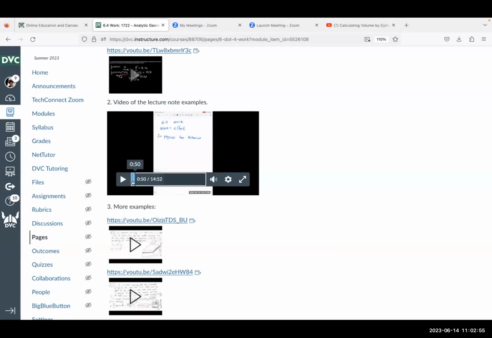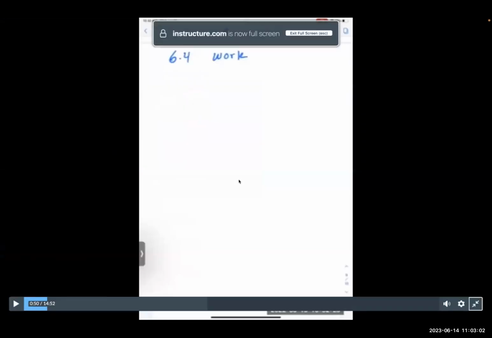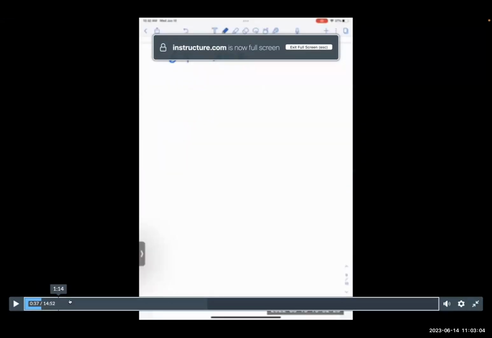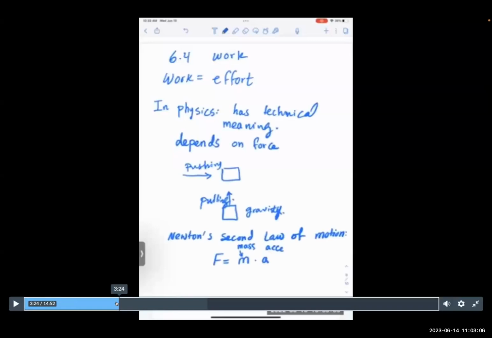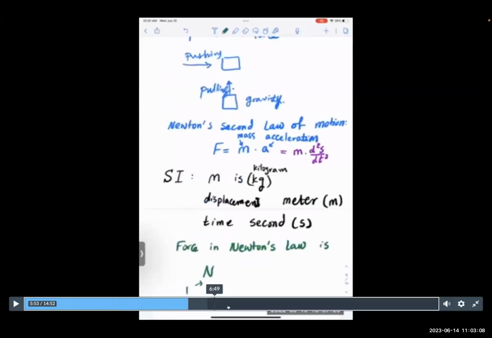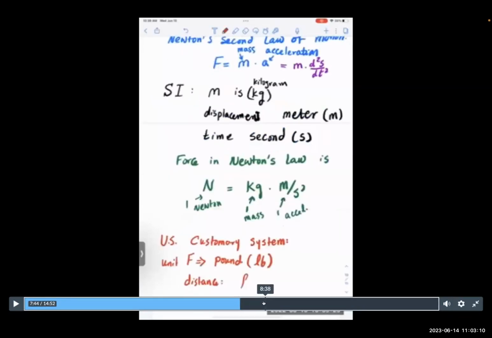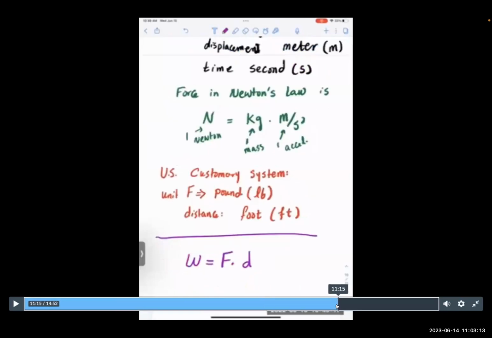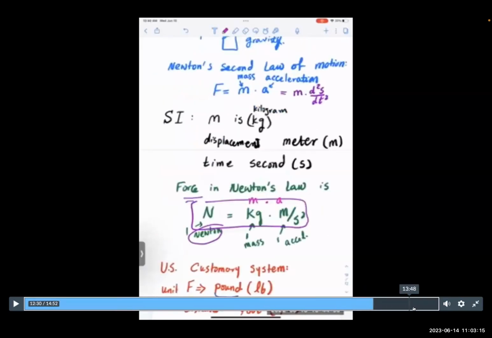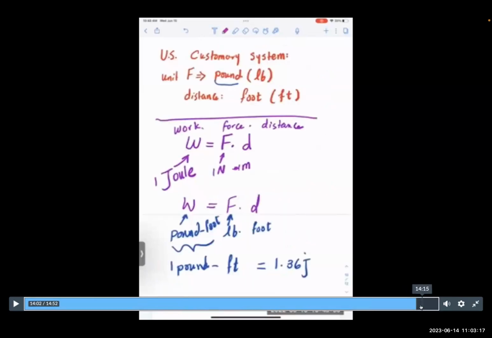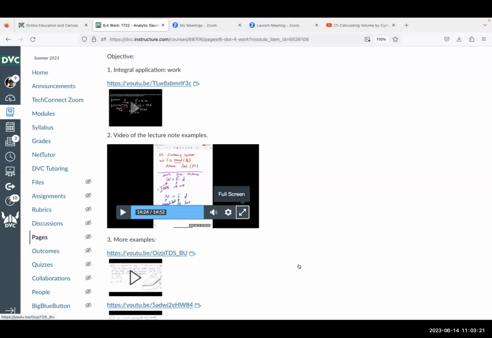So I went step by step through work, explaining the basics, and then in physics, how it works, writing out the formulas and so forth. So the first 14 or 15 minutes is the concept of work.